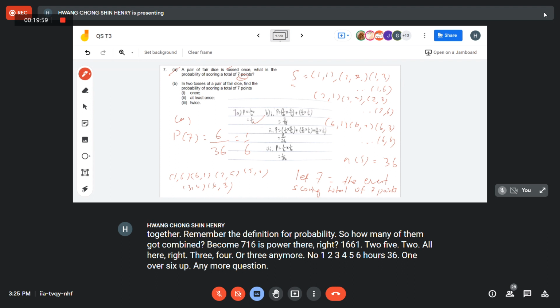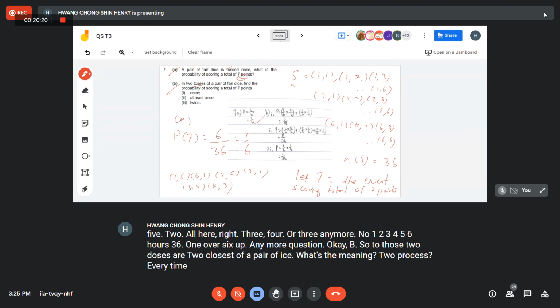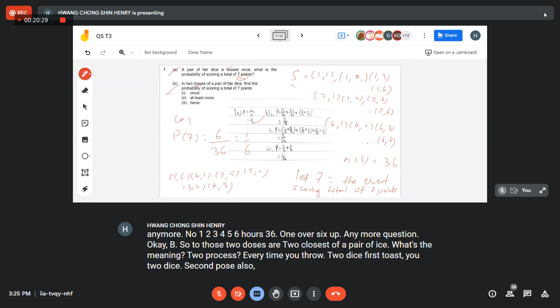Okay, part B. So two tosses of a pair of dice. What's the meaning of two tosses? Every time you throw two dice, the first toss you throw two dice, the second toss also two dice.